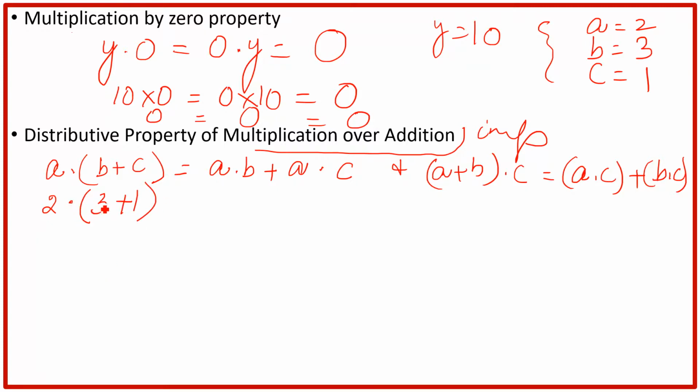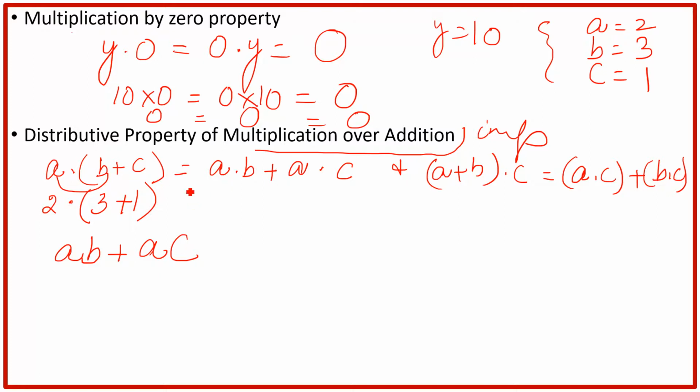So how will we solve it? This is multiplication. First you have to multiply a with b, so it will be ab, and then there is a positive sign, and then a and c.